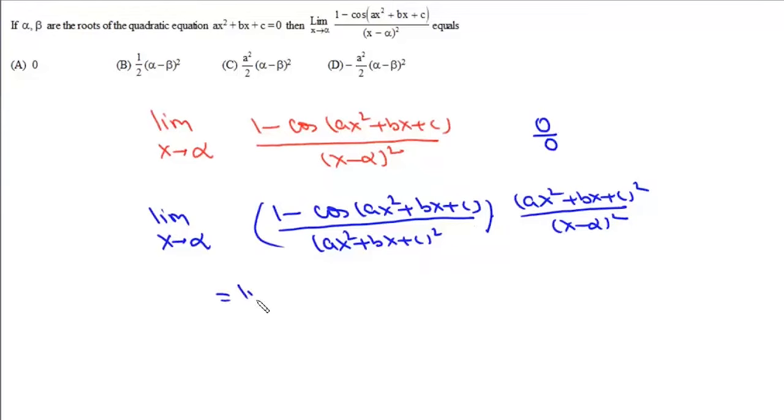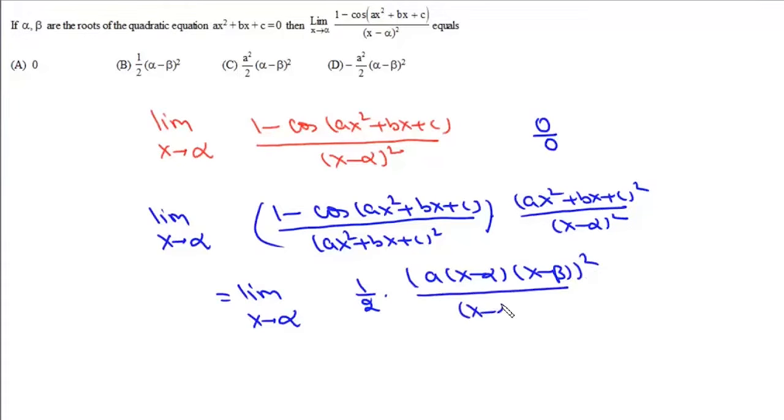So we can write this as limit x tends to alpha, 1 by 2, and we can write this quadratic equation as a(x minus alpha)(x minus beta) whole square upon (x minus alpha) square. Now (x minus alpha) square will cancel, so the answer to this limit will be 1 by 2 a square into (alpha minus beta) whole square, and that's your option C.